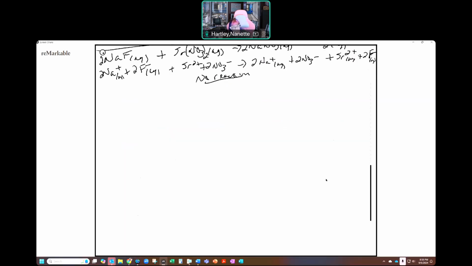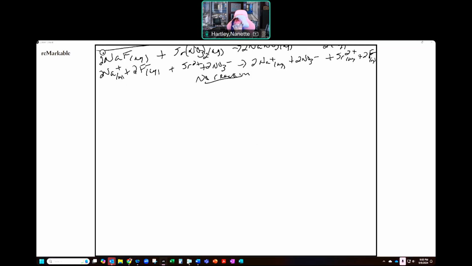So you may see these from time to time. The next one, again, we have 2 NaF, sodium fluoride, plus Sr(NO3)2, which is strontium nitrate, goes to 2 NaNO3, sodium nitrate, plus SrF2, strontium fluoride.